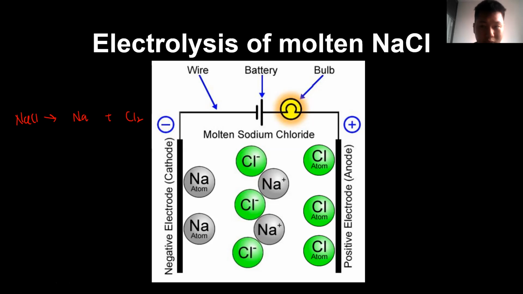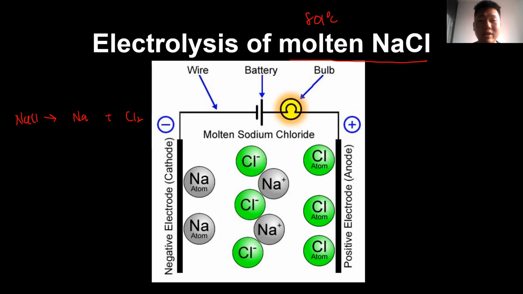But one thing to note is that because this is molten sodium chloride, we can expect it to be at very high heat, because to make molten sodium chloride, we have to heat it to 801 degrees Celsius. And sodium has a very low melting point. So by right, sodium at room temperature should be solid.